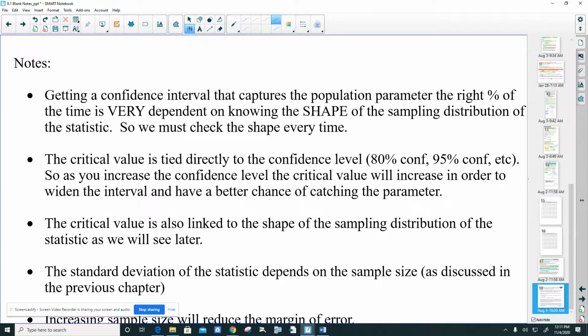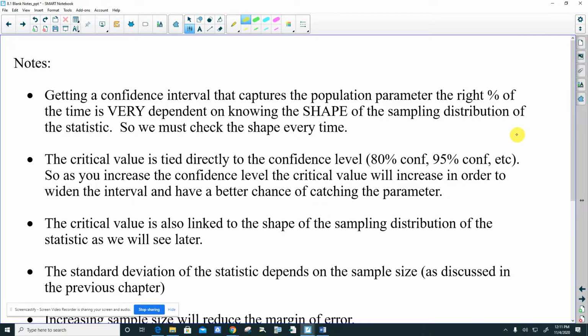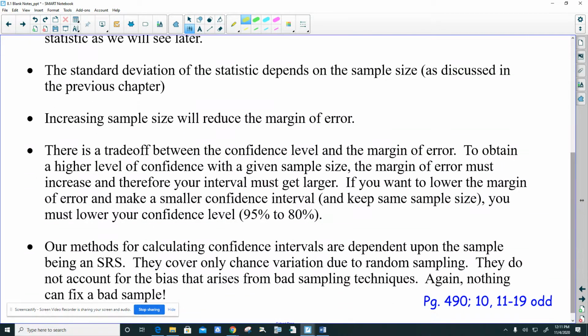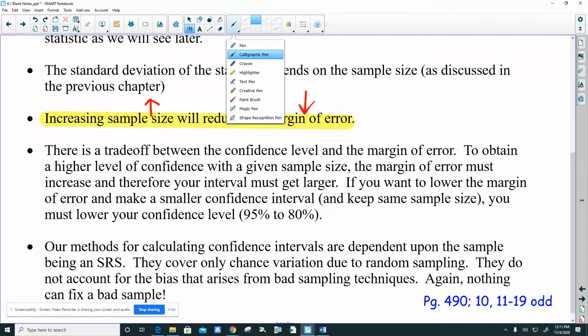Okay, I'm going to highlight two things on this last page here. Okay, on the last page, I'm going to highlight here this notion that as we increase the sample size, this is something we want to make sure that we memorize here, that impacts the margin of error by causing that to decrease.